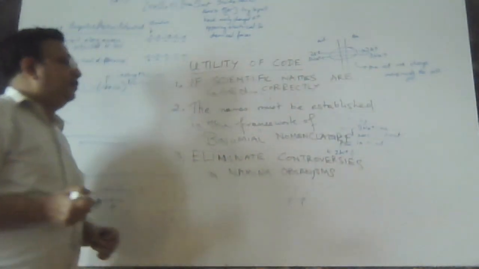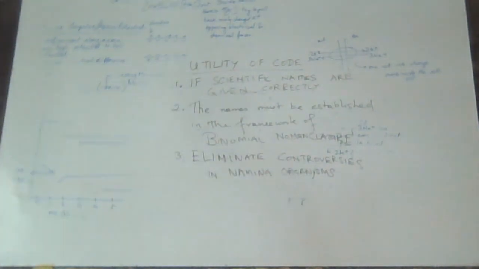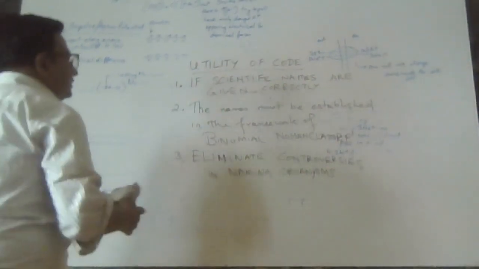You have to eliminate controversy. So this is the utility of the code. If this is not there, everybody faces these problems.